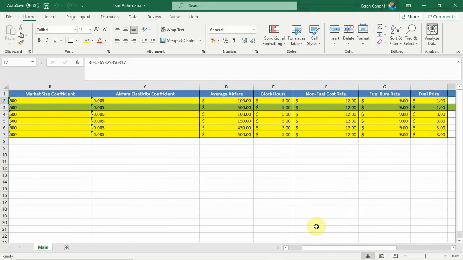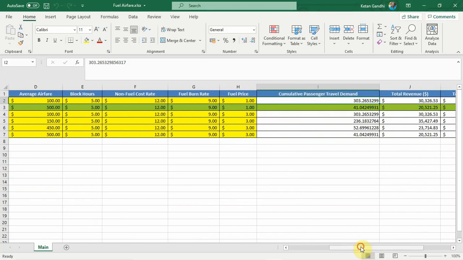So for an airfare of $100 with a fuel price of 1, with all these cost structures, we have a cumulative passenger demand of 303 passengers.